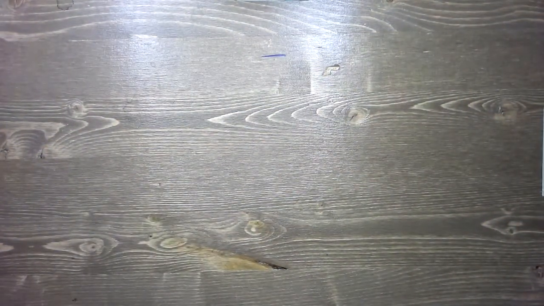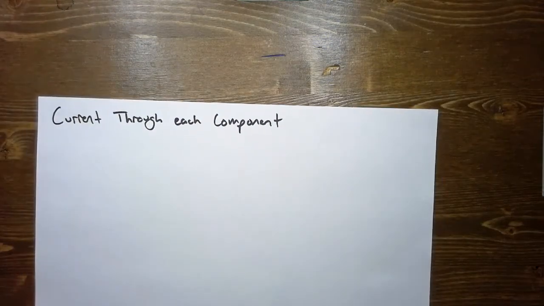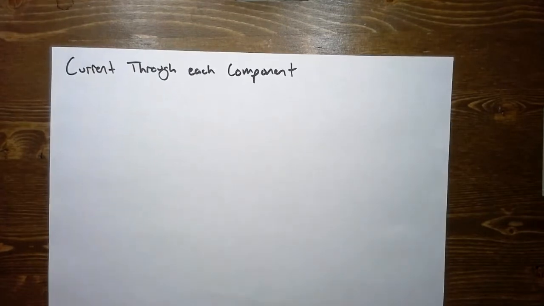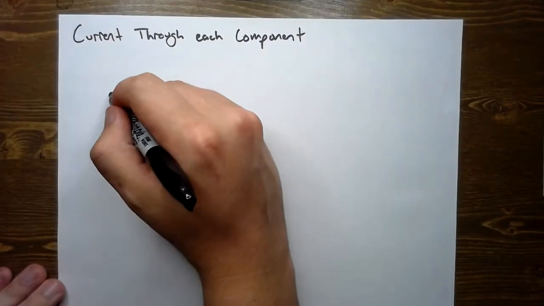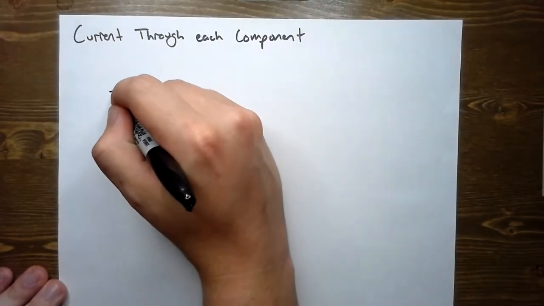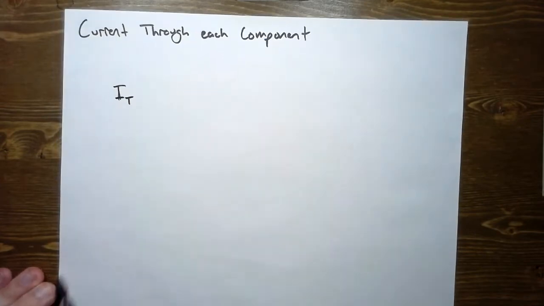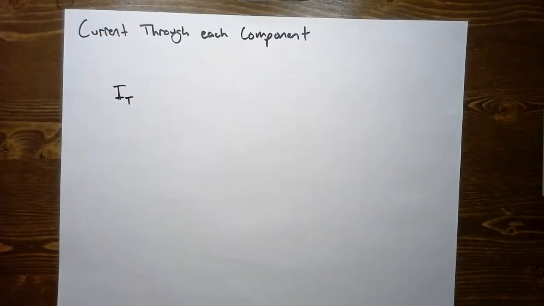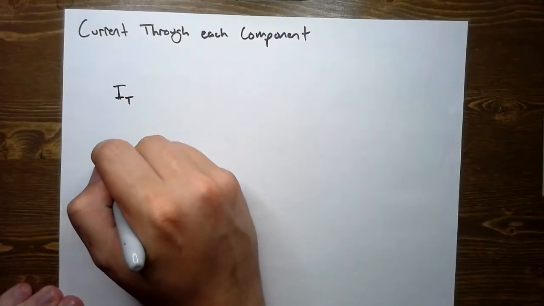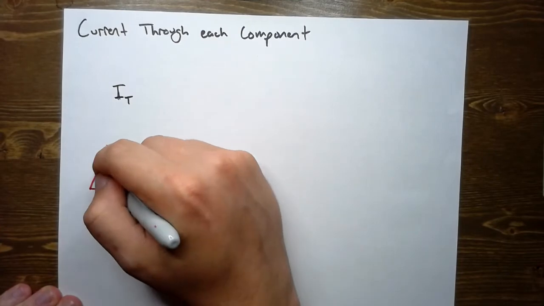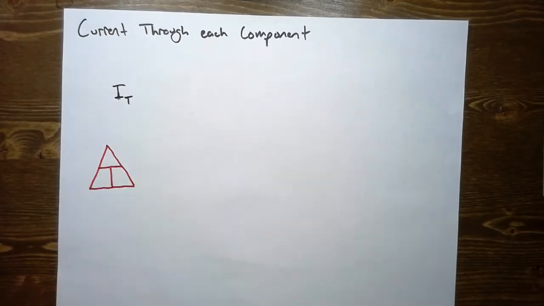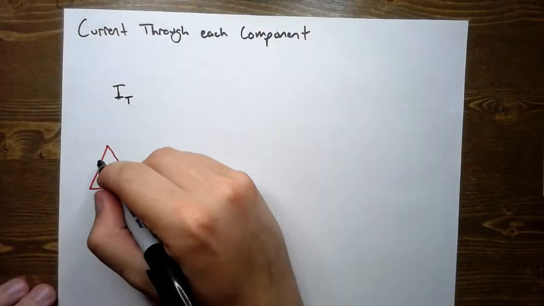So next we need to find the current through each component. And if you remember, current is represented by an I. So first we're going to find our I total, the current flowing through the circuit. To do that, we're going to use Ohm's law. So we've got to get our Ohm's law triangle out here. Draw that really quick.